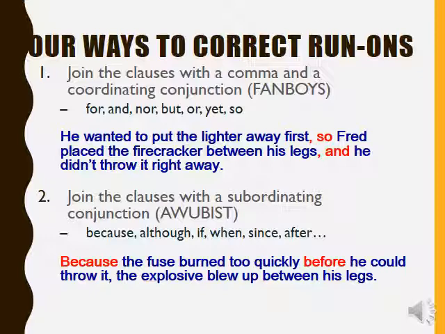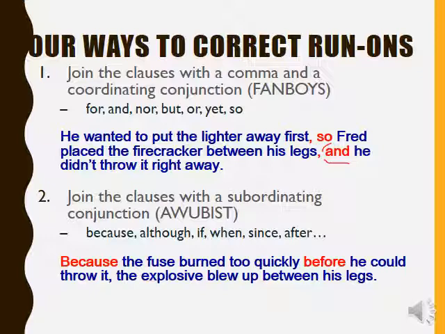For example, he wanted to put the lighter away first, so Fred placed the firecracker between his legs and he didn't throw it right away. So in this way, we added "so" and "and." These are called coordinating conjunctions. They are called the FANBOYS.